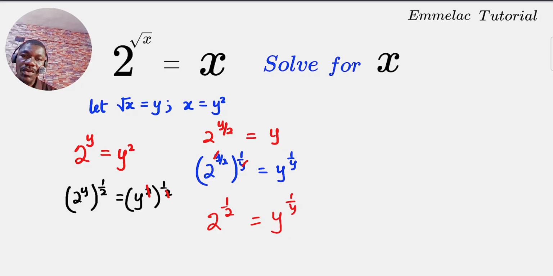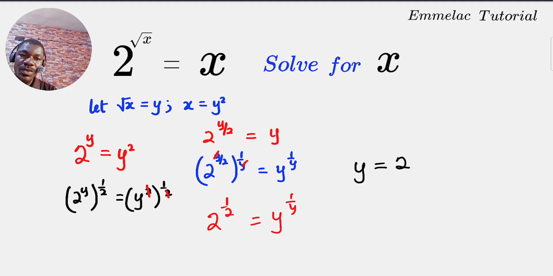So at this point, considering the 2 sides of the equation, and by comparison, you can see that 2 here is raised to its reciprocal, while y here is also raised to its reciprocal. So to this end, y equals 2.